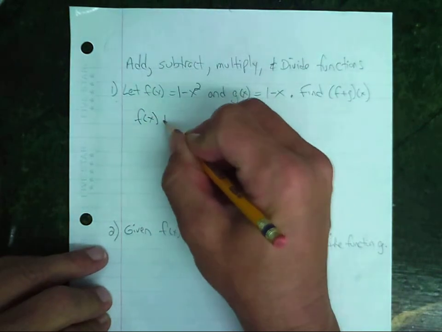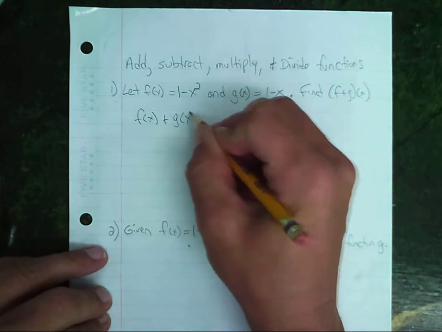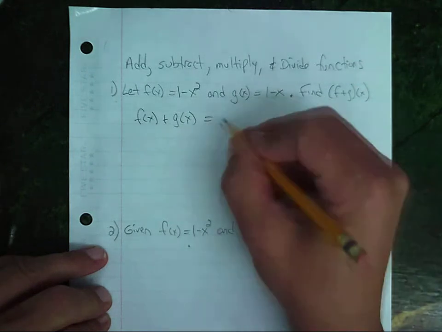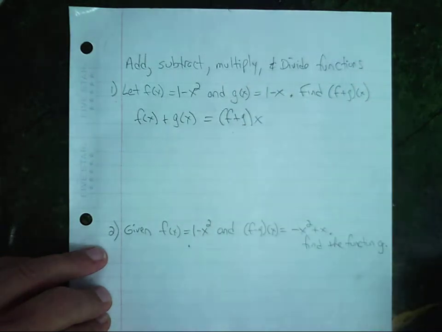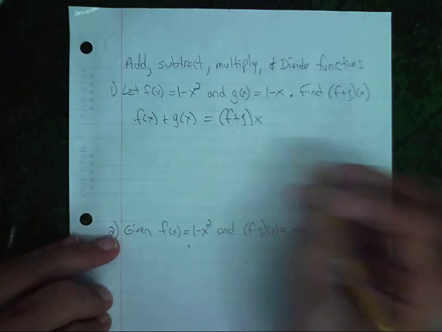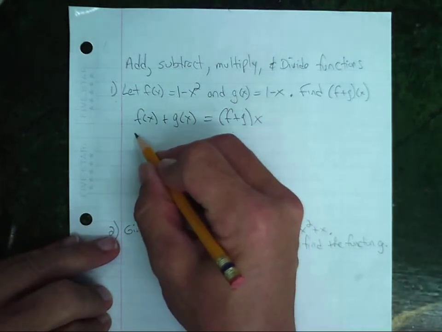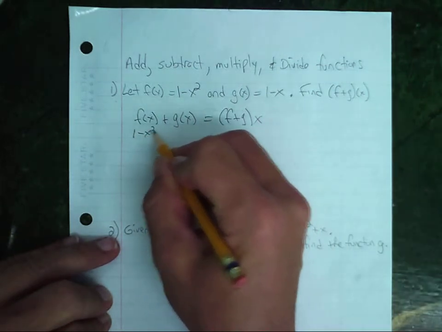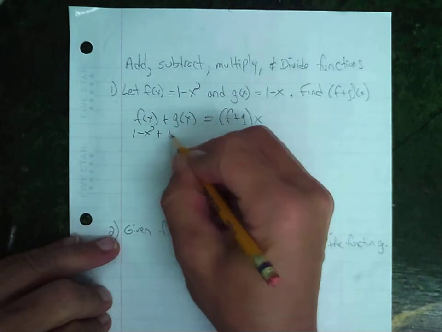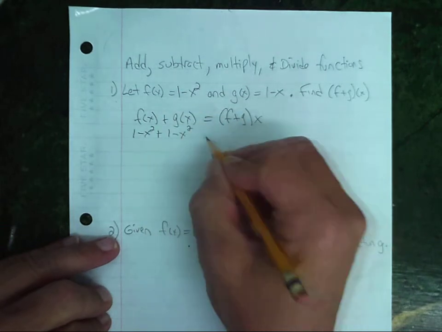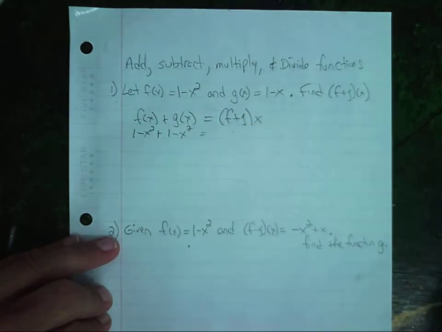f of x plus g of x gives us f plus g of x. So we take our functions. f of x is 1 minus x squared, plus the g of x, which is 1 minus x. That is going to equal my f plus g of x.